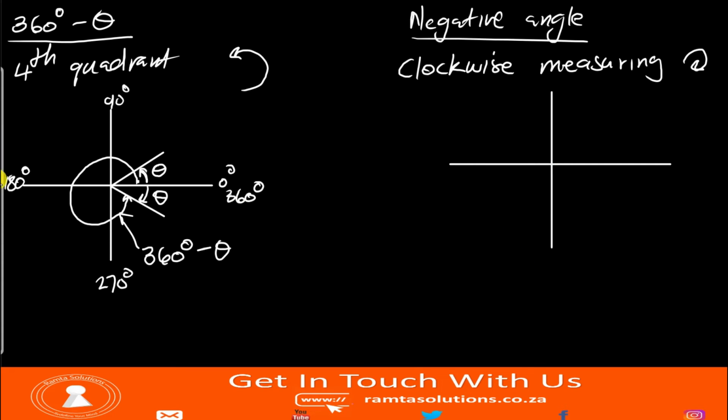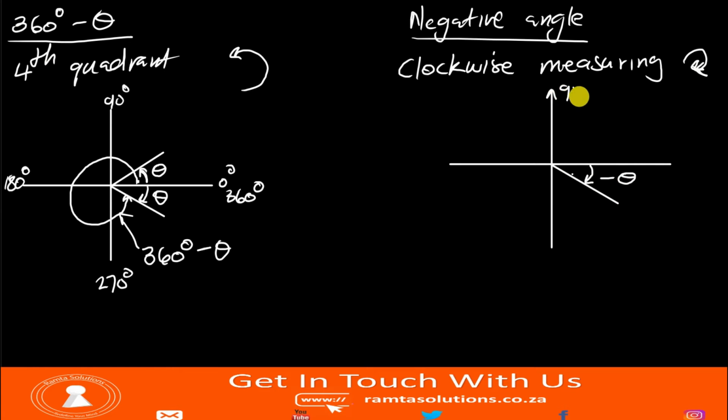So it will be a negative angle, considering it's an acute angle measured clockwise, it will be like this. Let me return that stroke, the line, here it is. So when it's a negative angle, we measure it clockwise. So here is your negative angle.